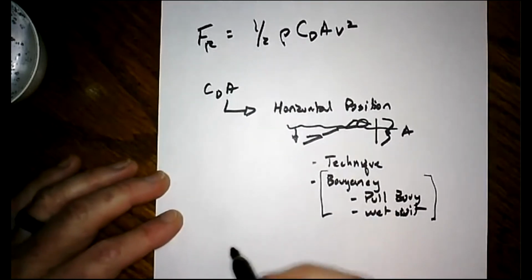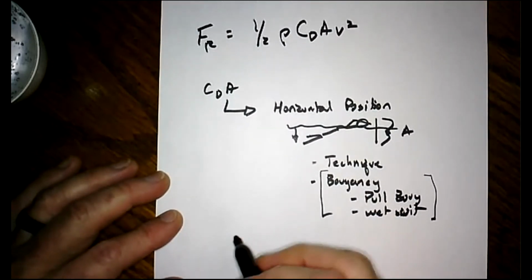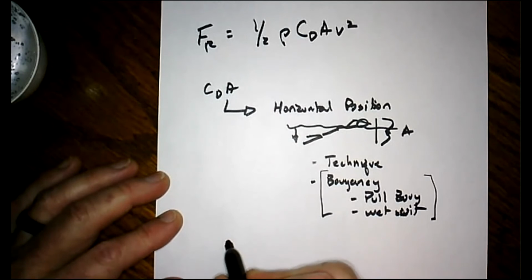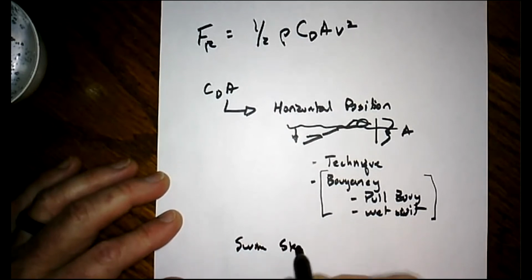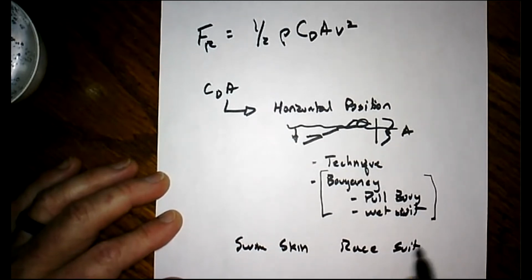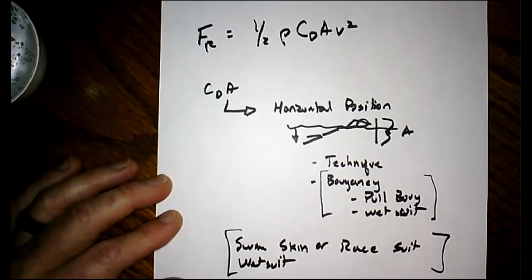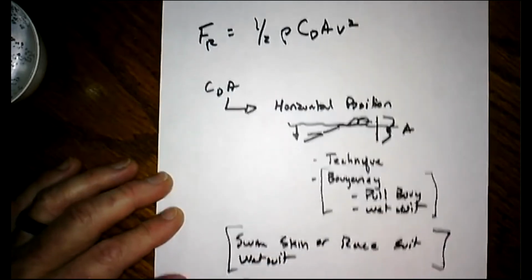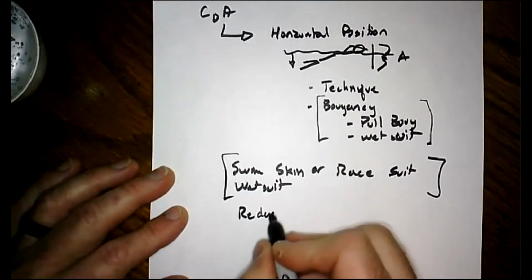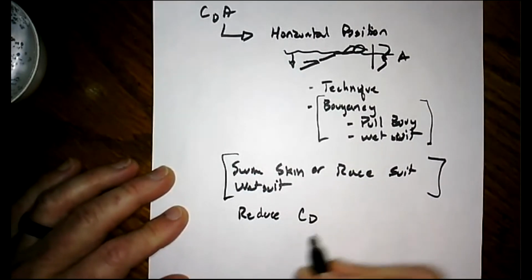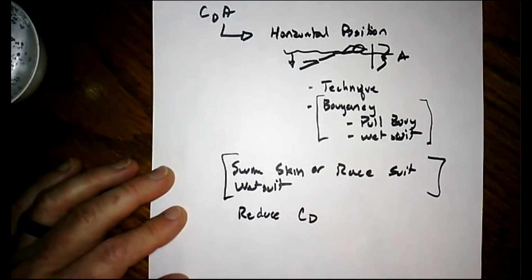All right, what else can we do for reducing resistance force? Well, that's wear a swim skin or a race suit, AKA, I guess, or even a wetsuit. These are all designed to reduce CD, the coefficient of drag, specifically.